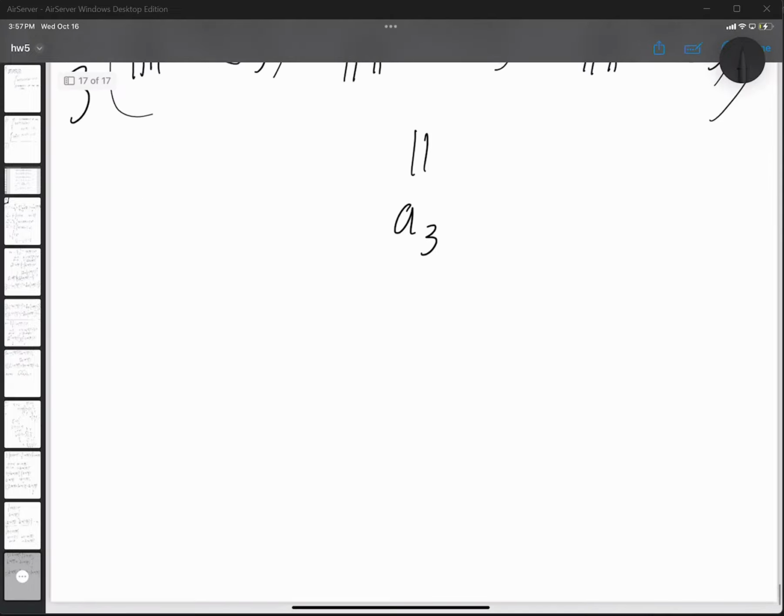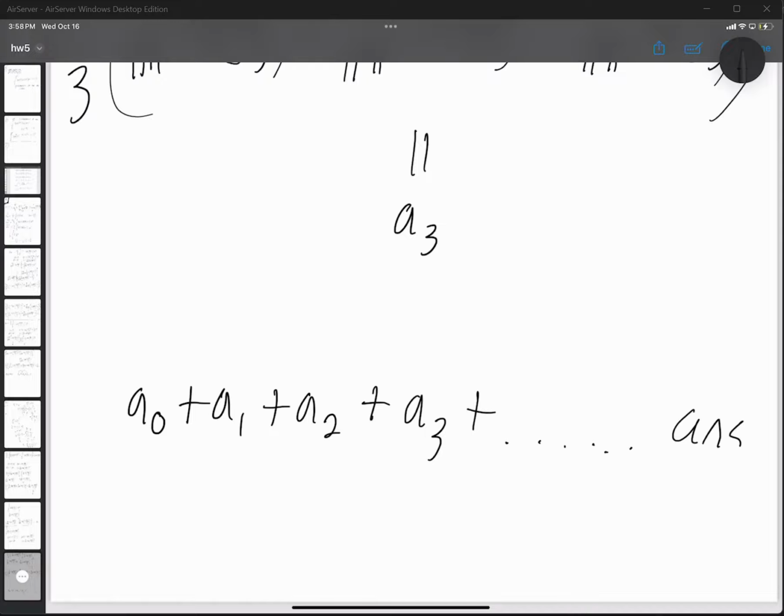So A0 plus A1 plus A2 plus A3 plus dot dot dot is our answer. Also, B of n does not matter. This is an even function, no sine.